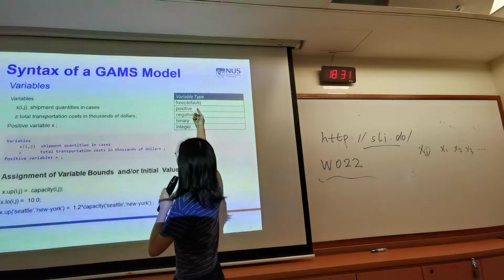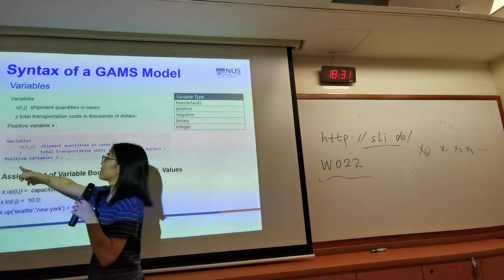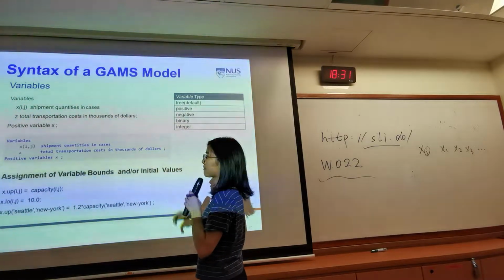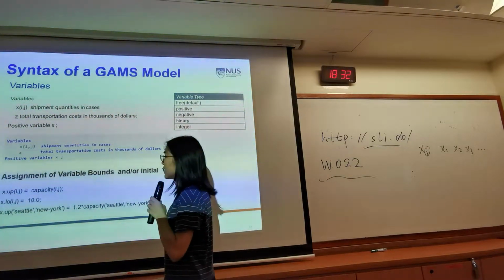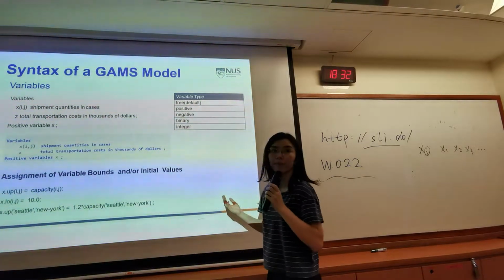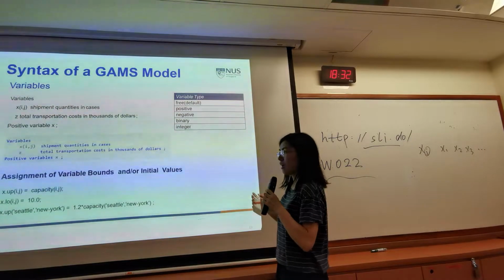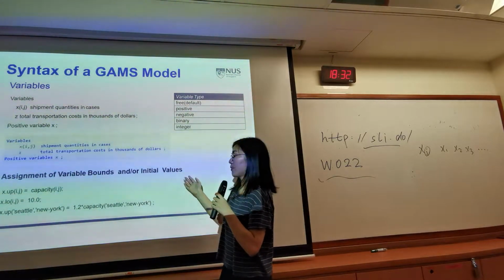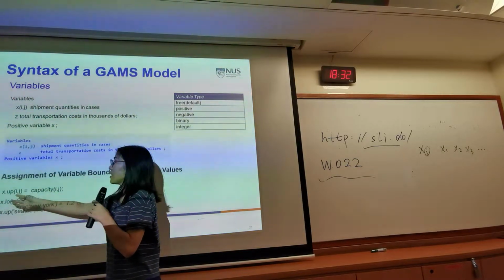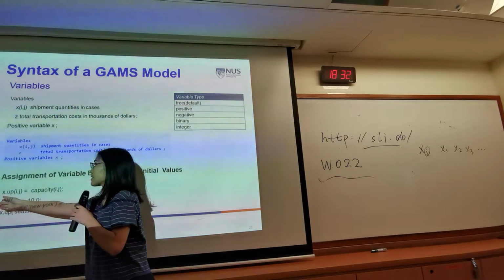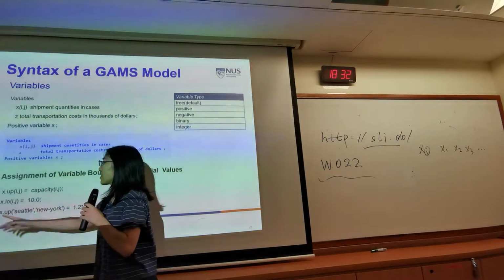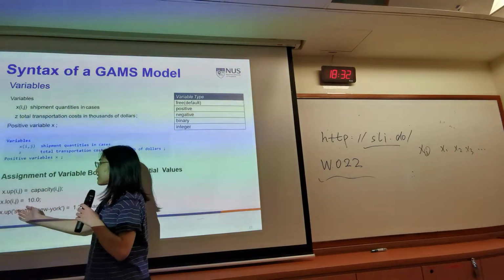If you need to define positive variables, you just put positive variables, and others can be also defined in a similar way. When you define variables, you can also assign the bounds of the variables. For example, this line means that the upper bound of variable f is this parameter, and the lower bound of variable f is 10.